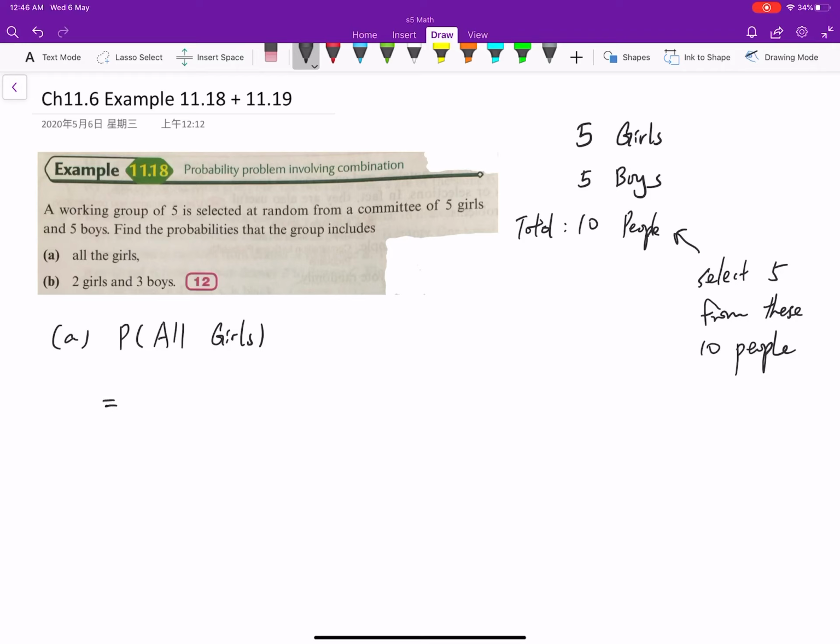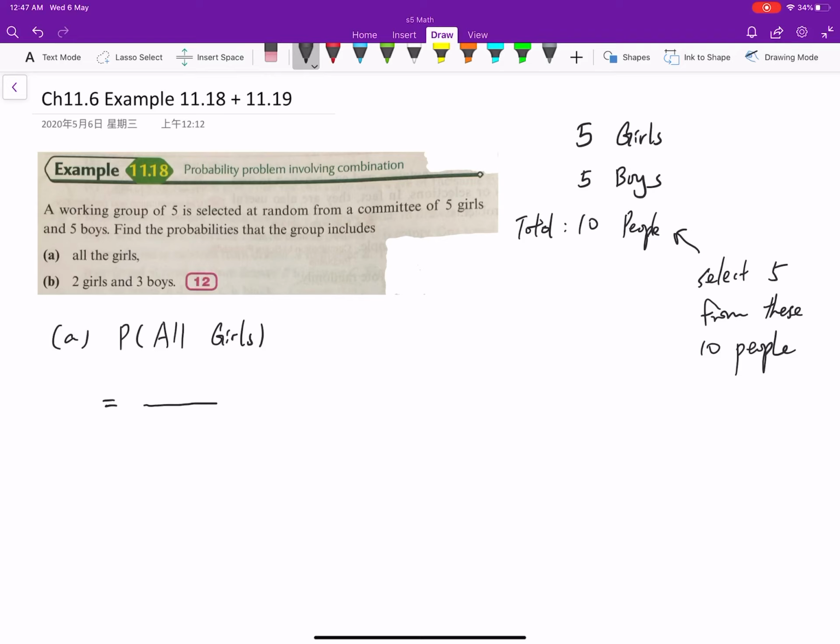So every time when you try to do this kind of question, you try to divide into 2 parts. For the denominator, it is the general situation. That means all possible outcomes. Now, you have 10 people, right? First of all, we need to understand whether this is combination or permutation. Now we pick the committee.